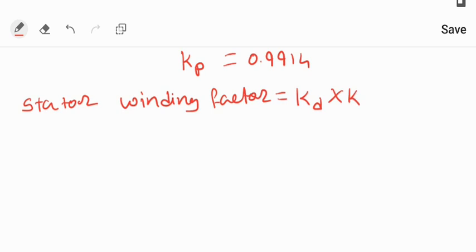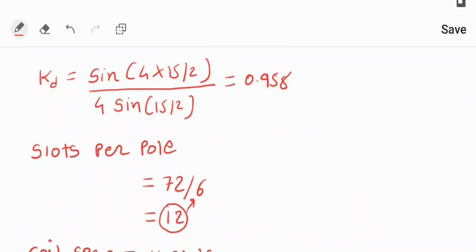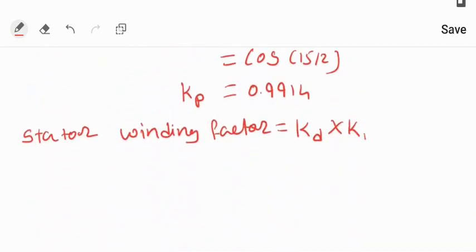We already found the value of Kd, that is 0.958, and the value of Kp we just found here, that is 0.9914.